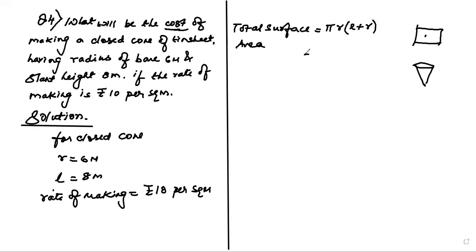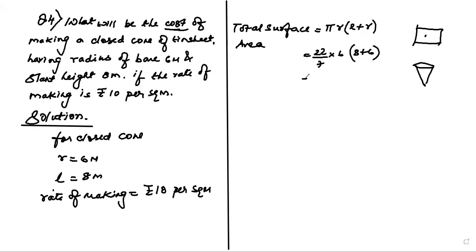And you can see here, children, pi is not given. So naturally, when the value of pi is not given, we should take the value of pi as 22 by 7. And what is the radius given to you? Radius of base 6 meter. And slant height is also given, 8 plus 6.